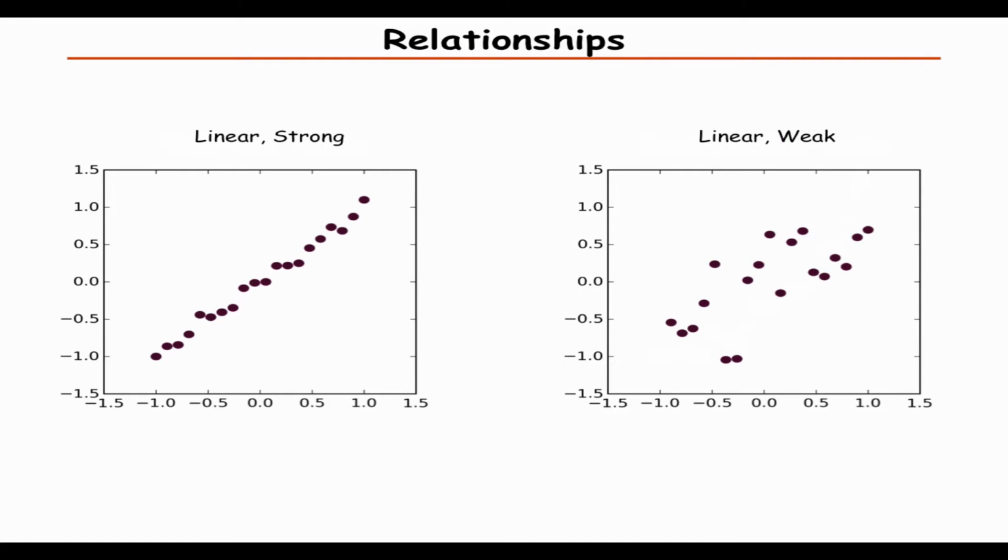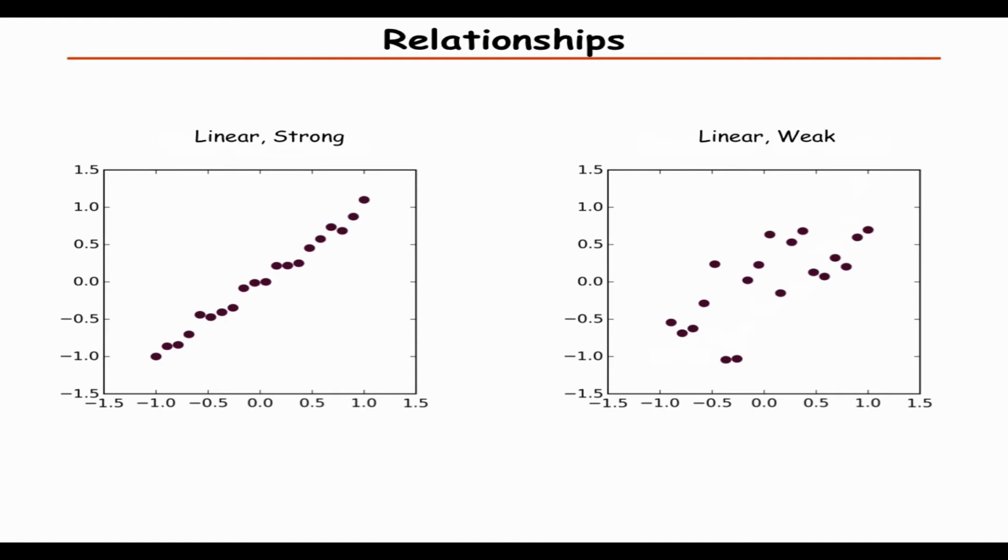So then a relationship can be weak or strong. To the left we see that the measurements align very nicely, roughly along a straight line, and there is not much deviation from this line.